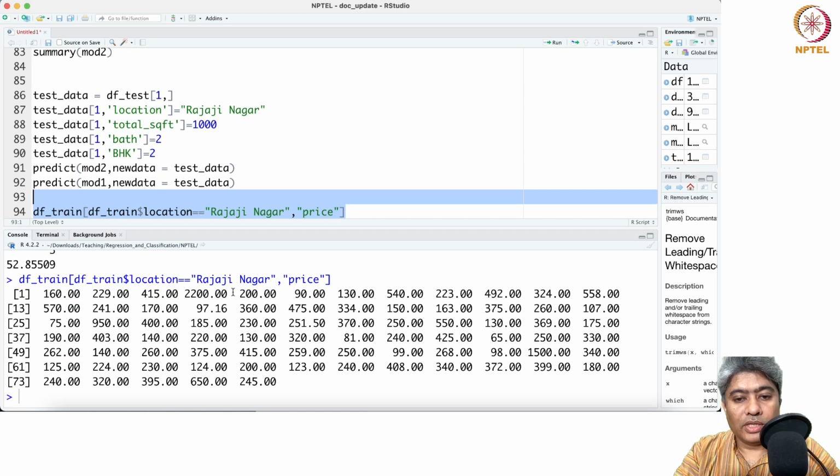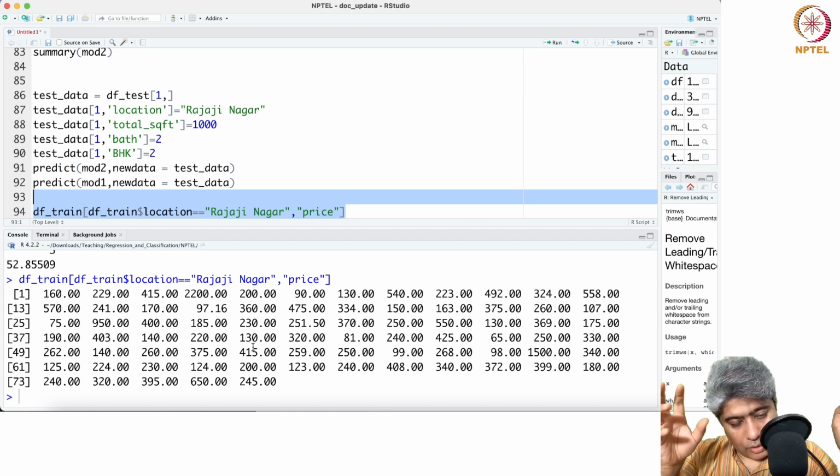These are the houses which belong to Rajaji Nagar and their prices.